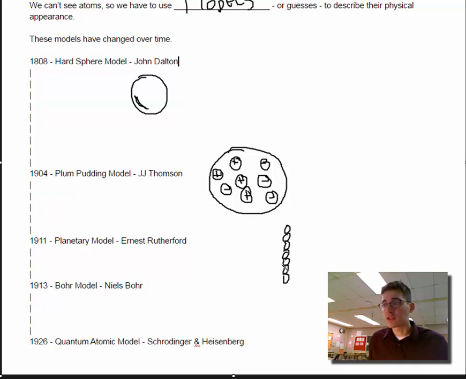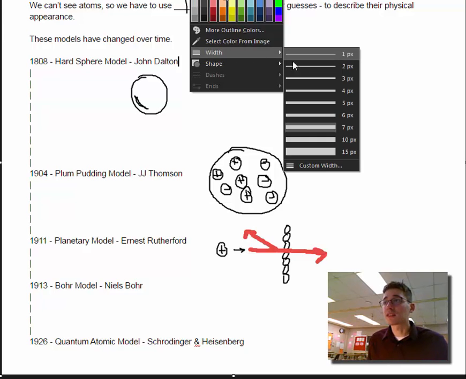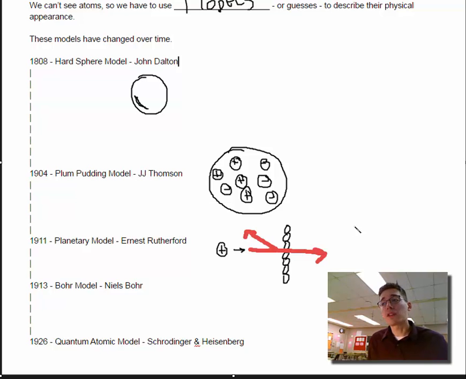He had this wall of atoms lined up, and he was shooting a positive particle at it. He expected that positive particle to bounce off of there. What he saw, though, was that these particles went straight through. And that was really huge. No one expected that. It was a very significant discovery, and it changed what we thought about the atom.